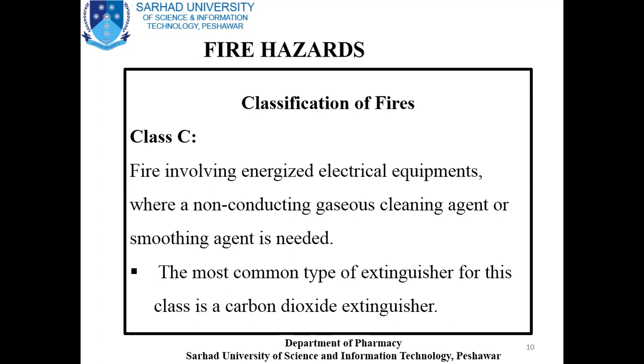Class C fire is due to the involvement of energized electrical equipment, where a non-conducting gaseous cleaning or smothering agent is needed. The most common extinguisher for this category of fire is the carbon dioxide fire extinguisher.